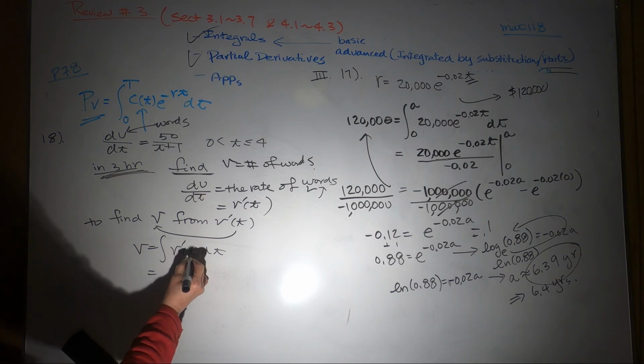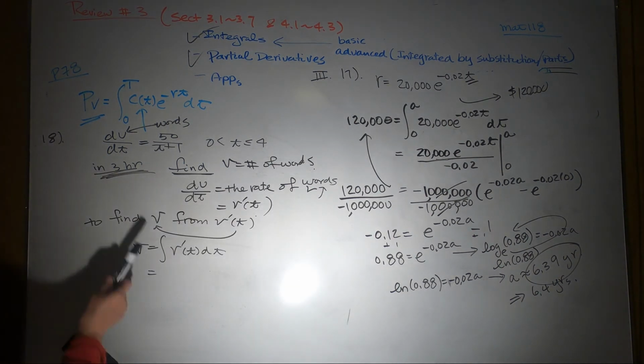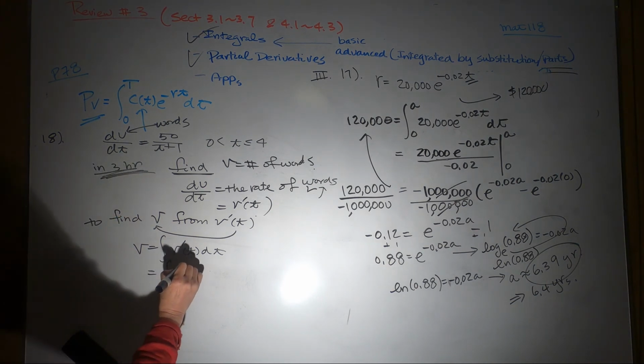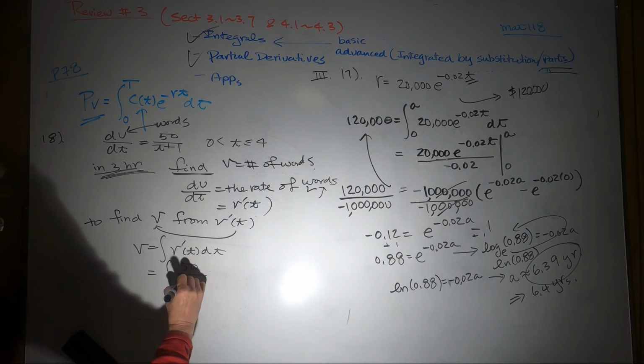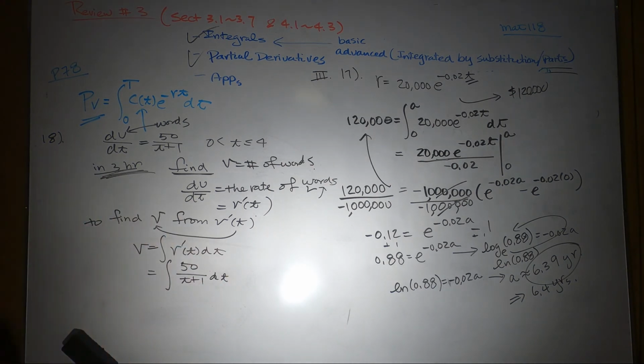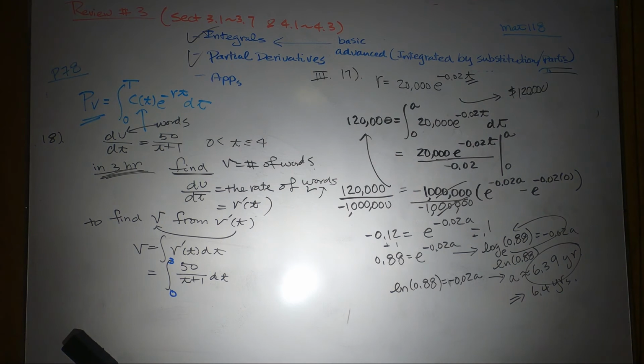So V prime t is your dv dt, the rate of words, which is this function, right? So you write it this way. So 50 over t plus 1 dt. But for 3 hours, what do we do? We do definite integral for 0 to 3, right?